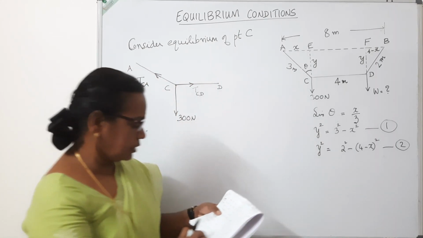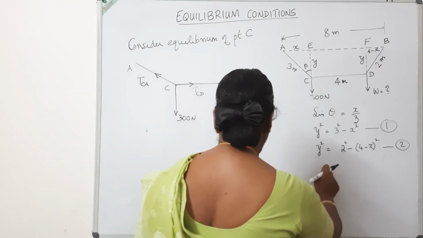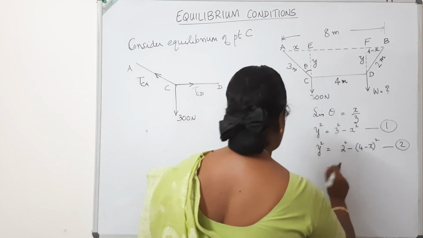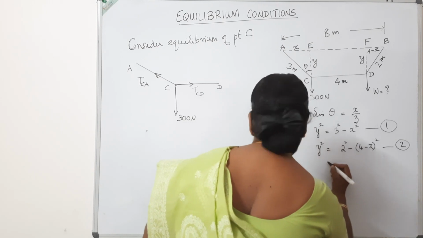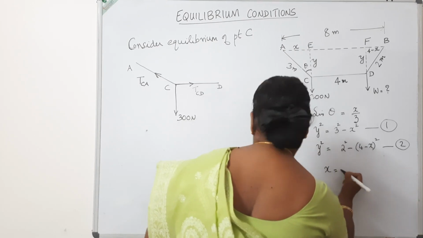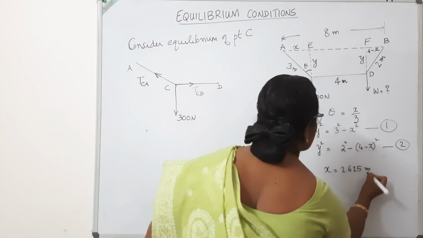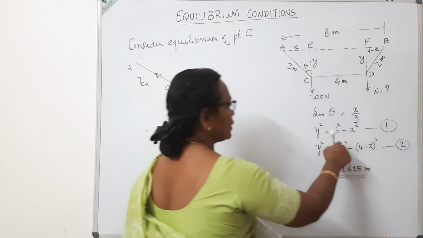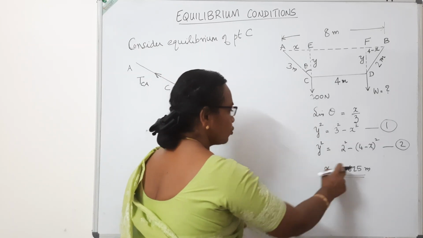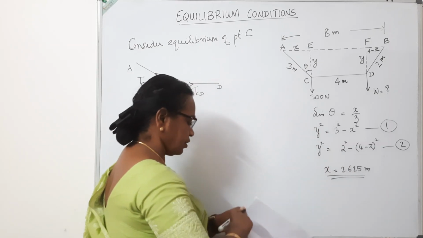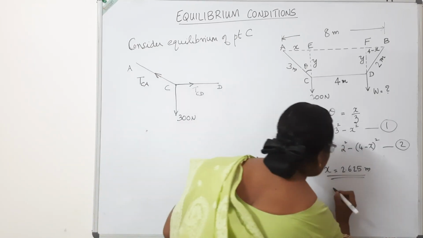From these two equations, from equations 1 and 2, you solve for x and we will get x is equal to 2.625 meter. There are two equations and two unknowns, x and y. So from that we get x is equal to 2.625 meter.